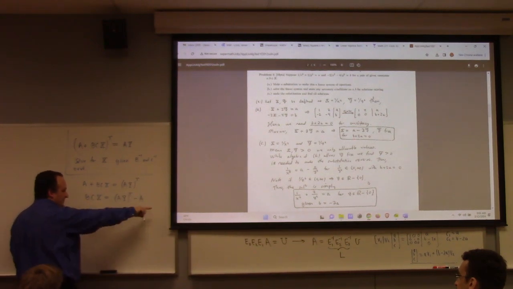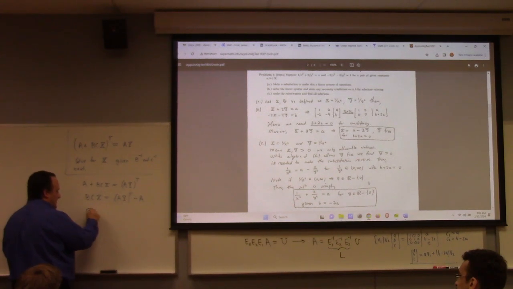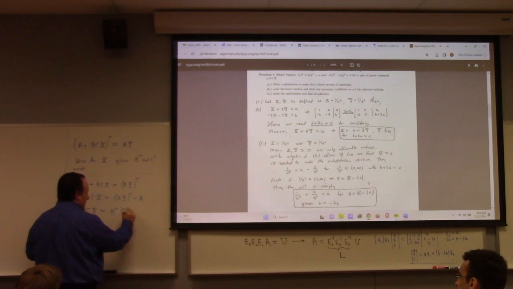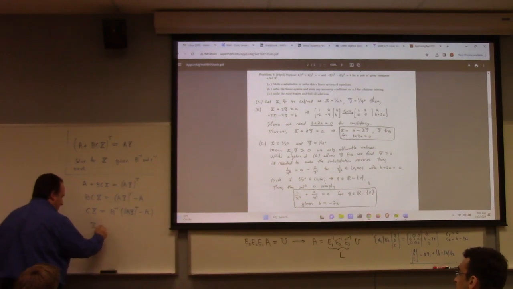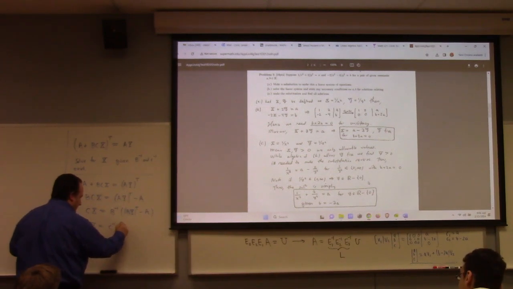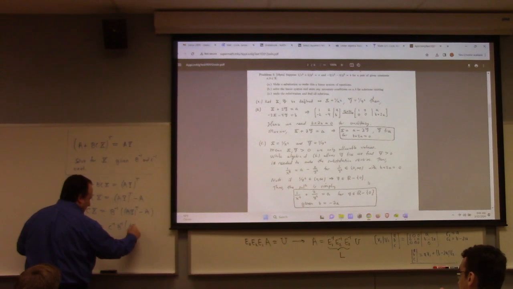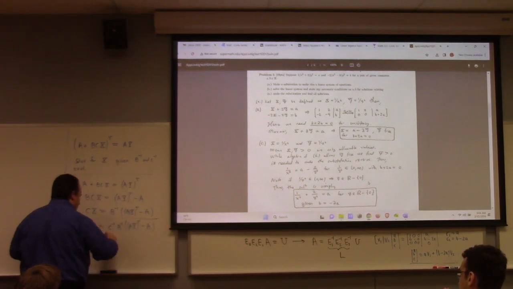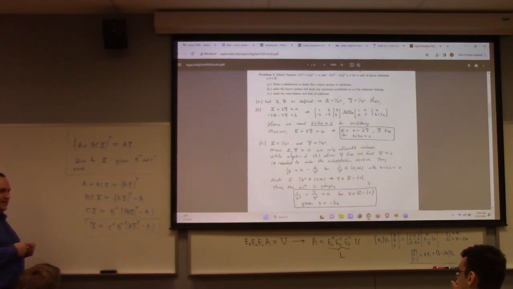All right, we multiply by B inverse on this side, we get CX is equal to B inverse times, oops, my bad, A Y transpose minus A, right? And then X is equal to C inverse B inverse times A Y transpose minus A, and there you go. Unless I had more information, that would be how it goes.